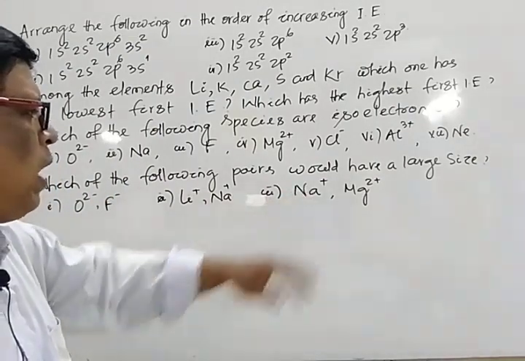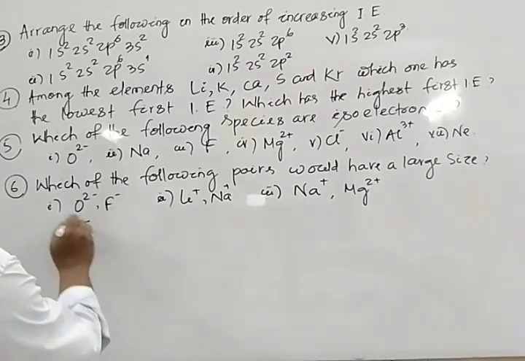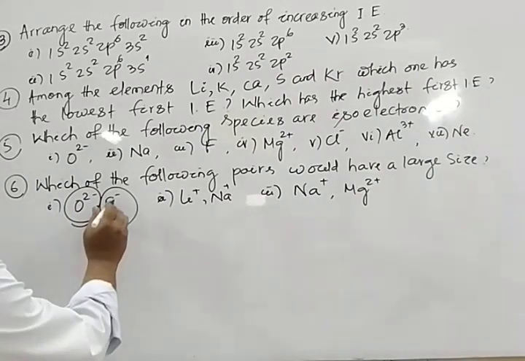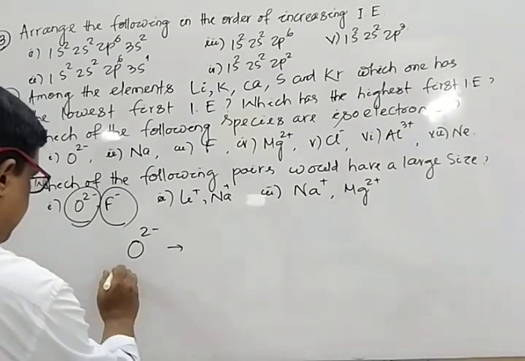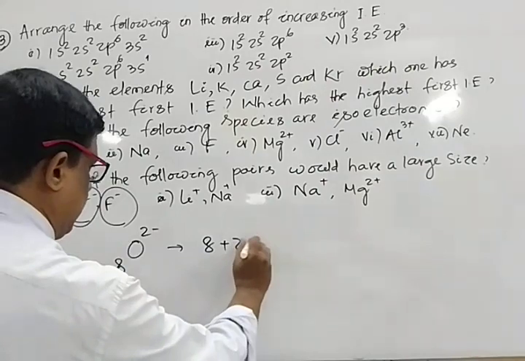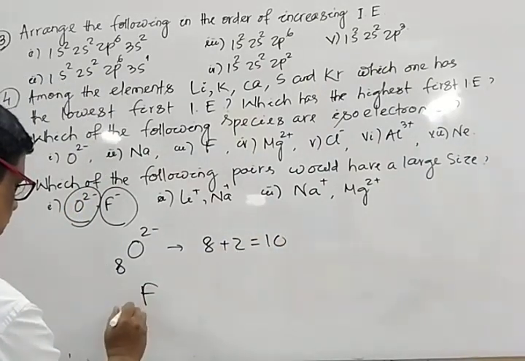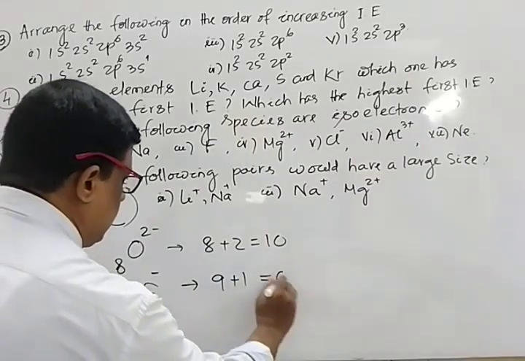What is the first question? Which of the following pair would have larger size? One is O2 minus and one is F. Mark that. O2 minus: atomic number is 8, number of electrons is 8 plus 2, that is 10. Fluorine: atomic number 9, number of electrons 9 plus 1, that is 10.